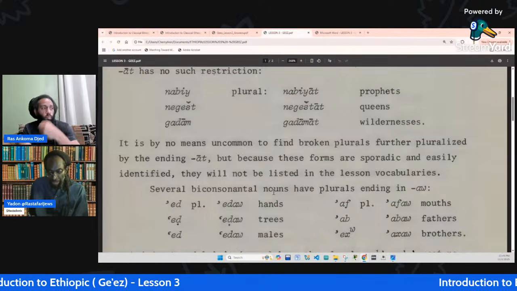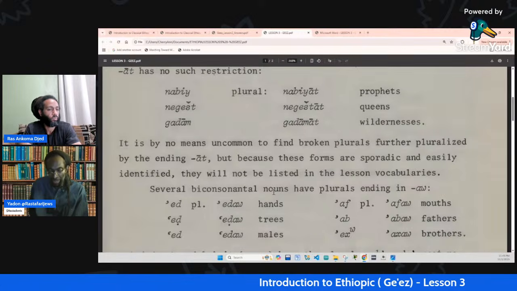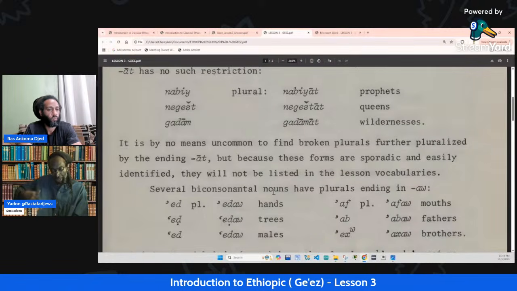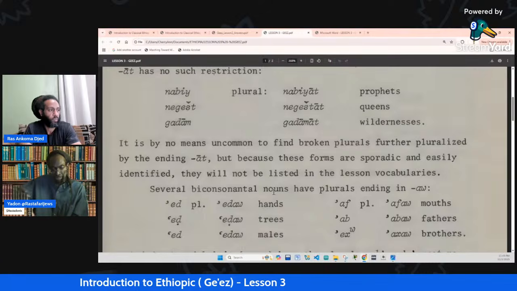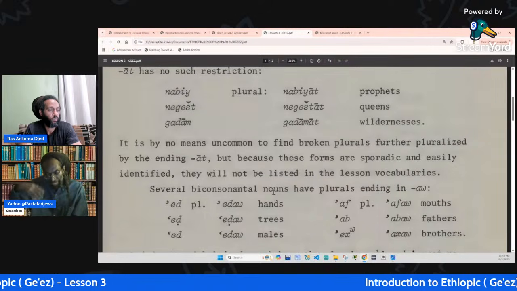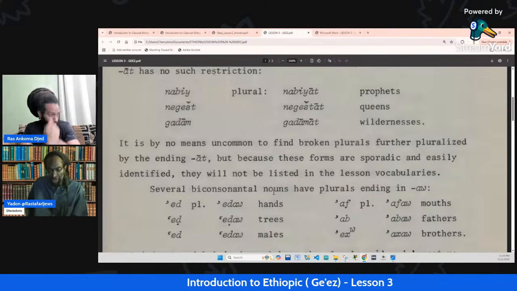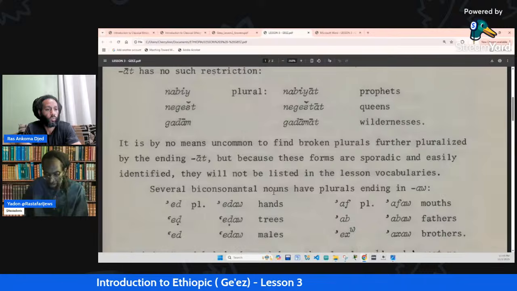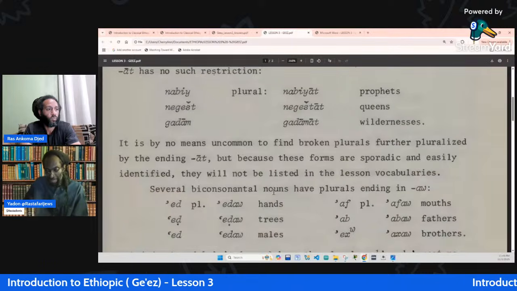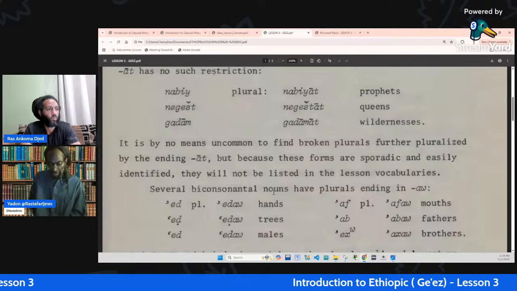Gedam is like a wilderness, or in times of the church, as we might come across it, it can be a monastery. But the idea is the monastery is away from the cities, in the wilderness. So the Gedam, and then the Gedamat, which is the plural, like wildernesses.